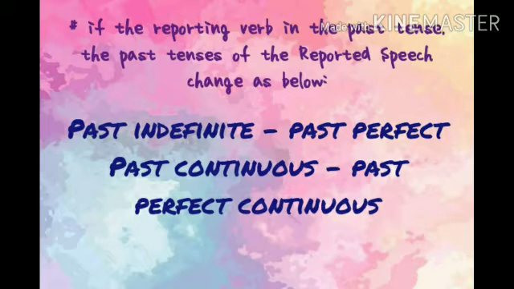Next, if the reporting verb and the reported verb are both in the past tense, the reported verb jumps over a tense. That is, past indefinite is changed into past perfect and past continuous is changed into past perfect continuous, and past perfect and past perfect continuous do not change at all.